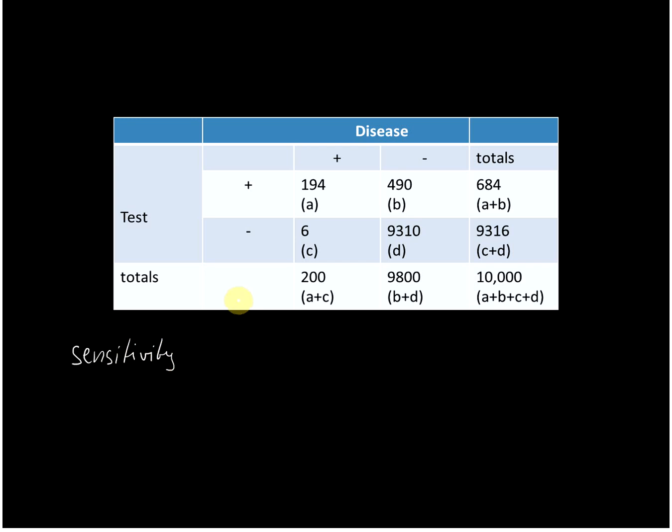Sensitivity is defined as the number of positive tests in the disease, so the number of people who are positive for the disease and positive for the test, divided by the total number of people who are positive for the disease.